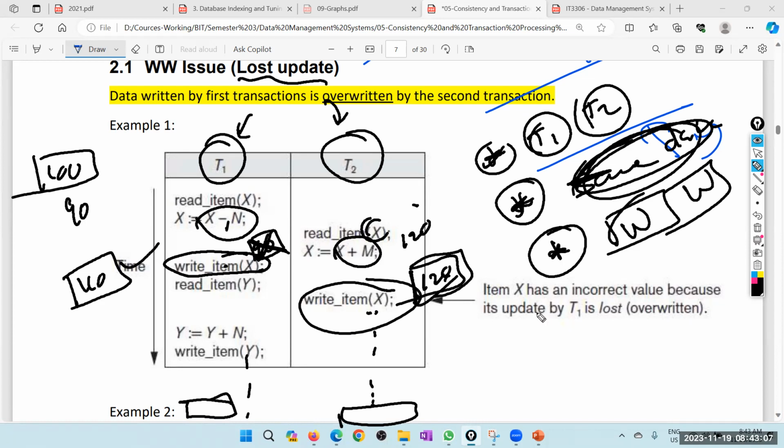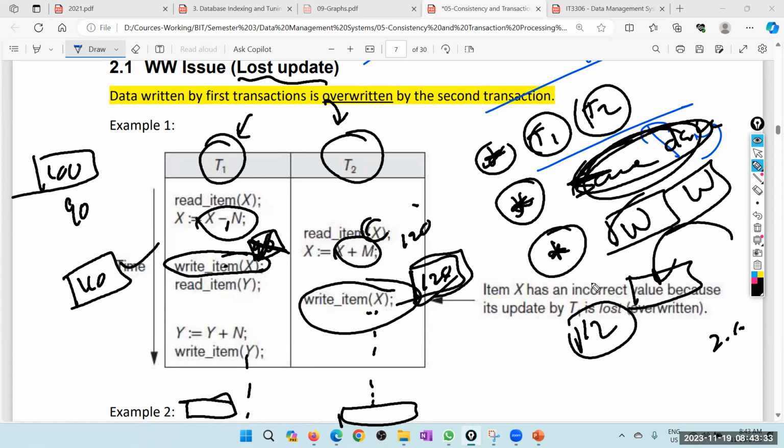It is like when people are pasting posters. Say around 12 o'clock, one person pastes a poster. And around 2 a.m., another guy overwrites it. When morning comes, the first guy's poster is no longer there because it has been overwritten by another poster.